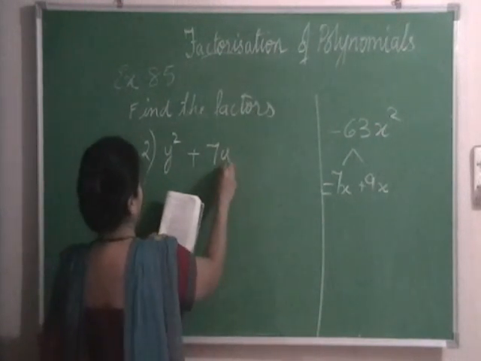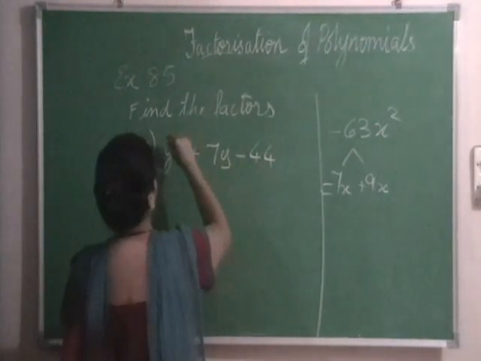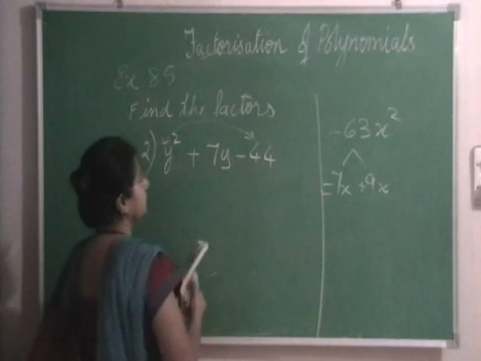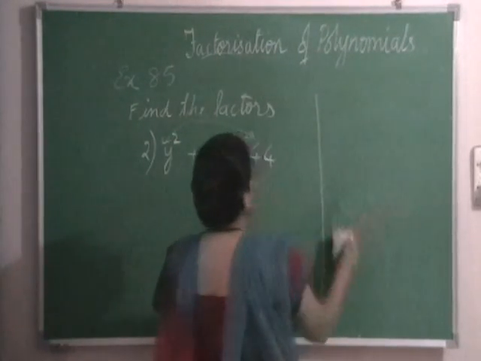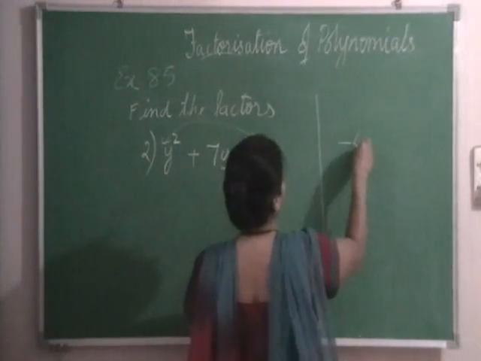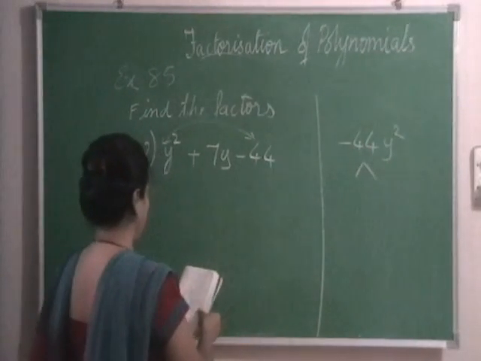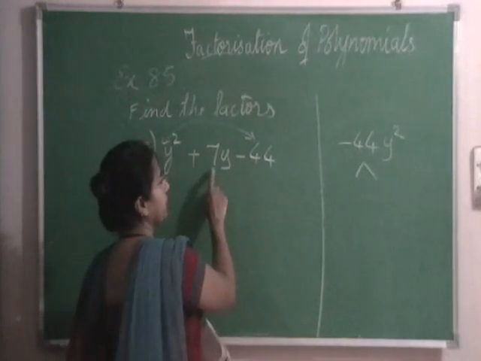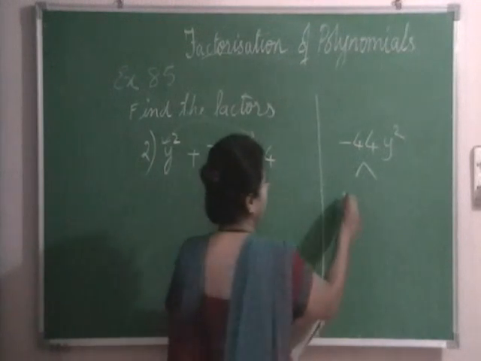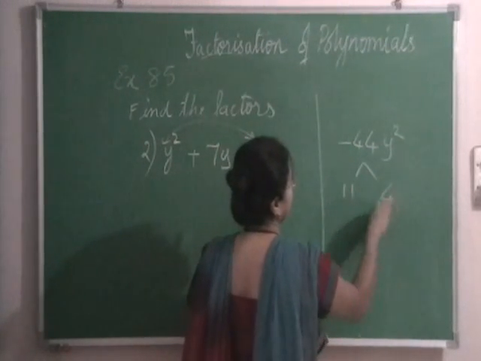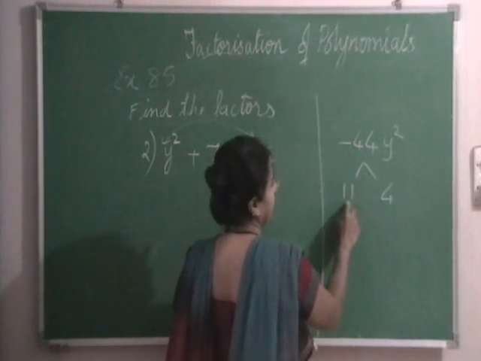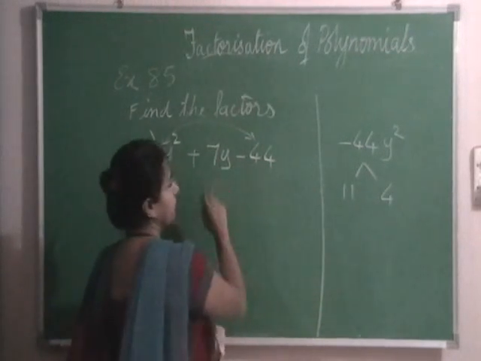plus 7y minus 44. Multiply the first and the last term, you will get it as minus 44y square. Now you will split this 44 in such a way that you should get 7y in between. So factors are 11 4s are 44 and 11 minus 4 gives you 7.